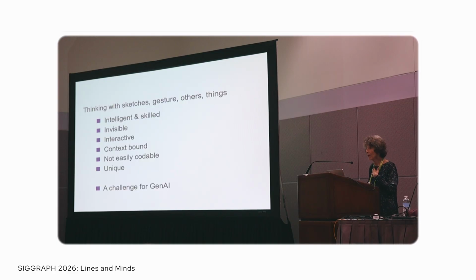It's invisible. You can't put it in words, you can't see it in the brain. It's interactive, you're constantly interacting with what you're seeing and changing things. It's context bound, it's not easily codable, we don't have the words, we can't code whatever's happening in the brain, and it's everywhere. It's unique. Every time you look at a painting, you get new ideas. Every time you hear music, you hear new things.